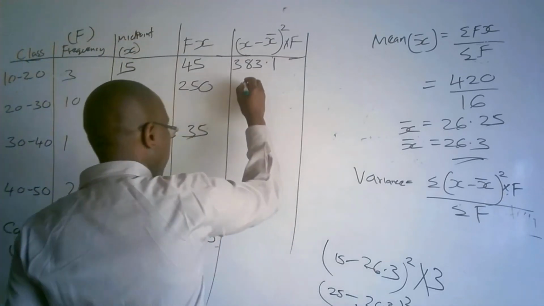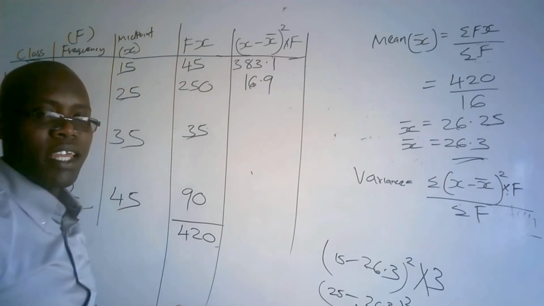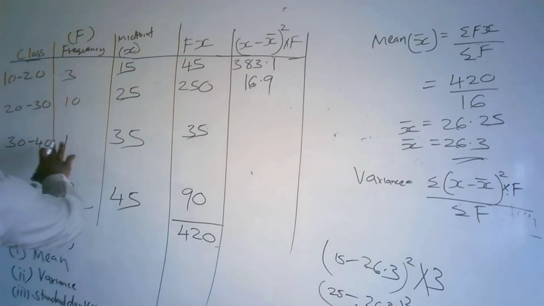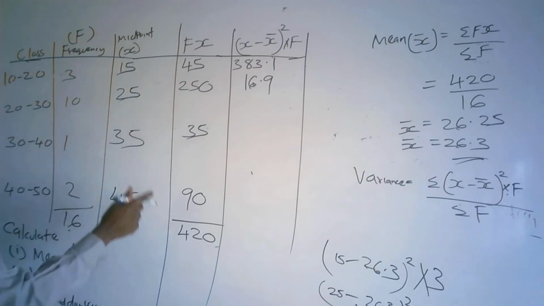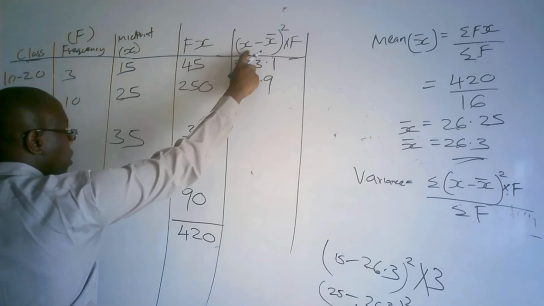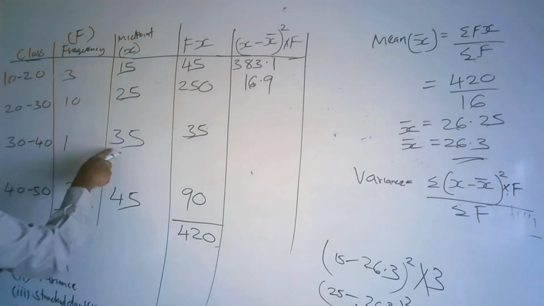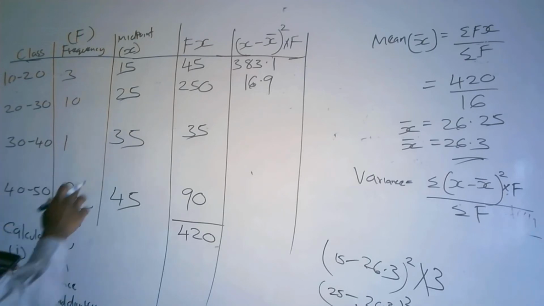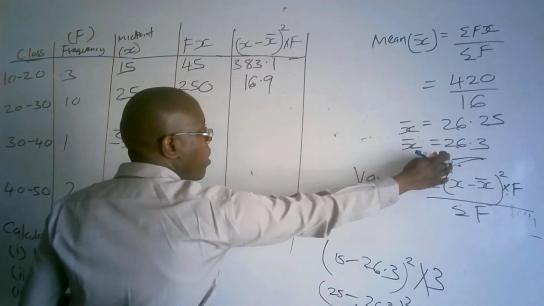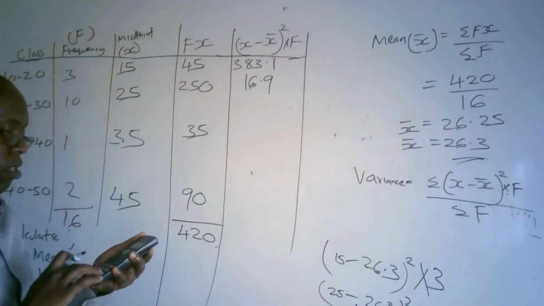So here we are going to have 16.9. And then the next thing is the class of 30 to 40. So I apply the formula again. We take x, and x in this particular case is 35. So it's going to be 35 subtracted by the x bar, which is 26.3.